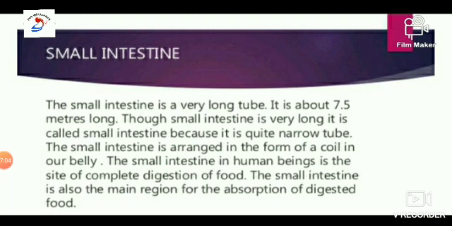As I said before, it's a long tube, 7.5 meters long, and there are three parts in the small intestine: duodenum, jejunum, and ileum. Though the small intestine is very long, it is called small because it is quite a narrow tube. The small intestine is arranged in the form of a coil in our belly.